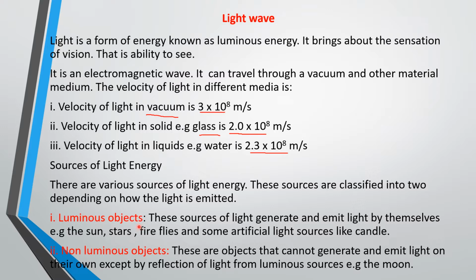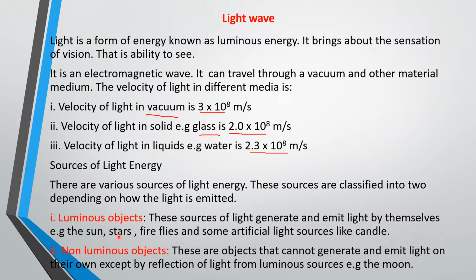So objects that generate and emit light by themselves are known as luminous objects. Examples are the sun, the stars, fireflies, and some artificial light like candle lights.